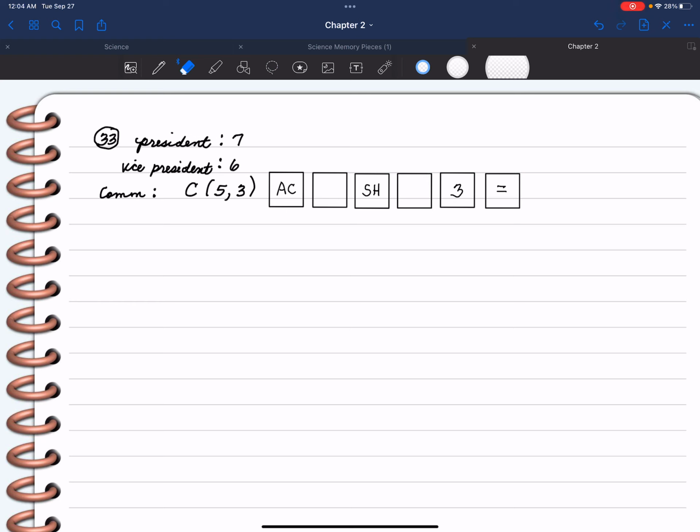We're going to change this to 5 combination 3. So 5 shift 2, 3 equals 10. And then we need to use the fundamental counting principle to say 7 times 6 times 10 is 420. And I like C for that one.